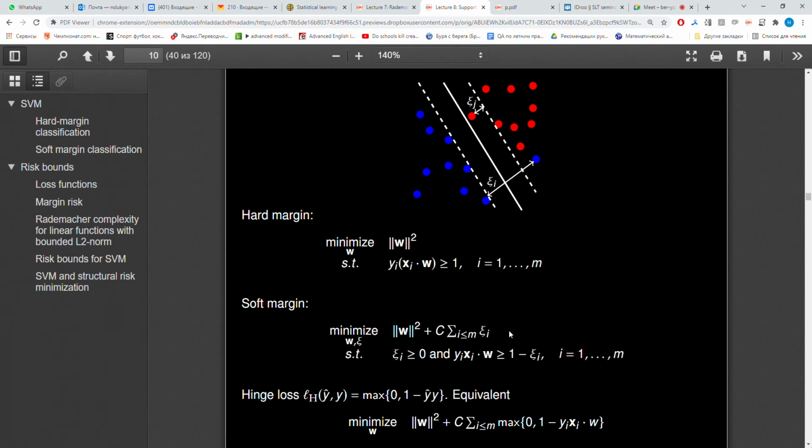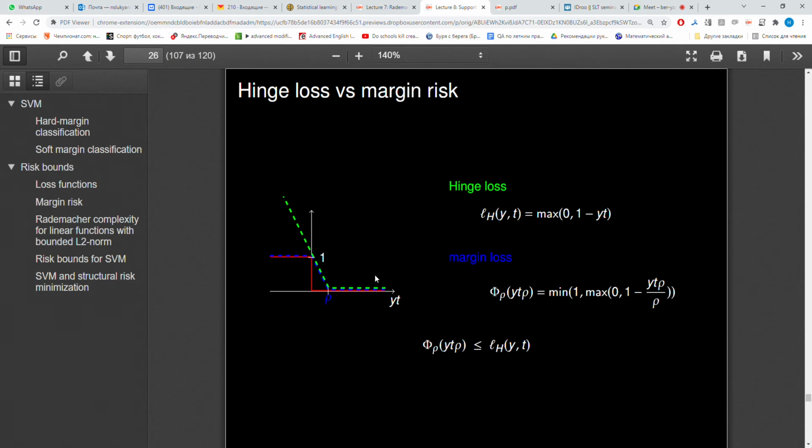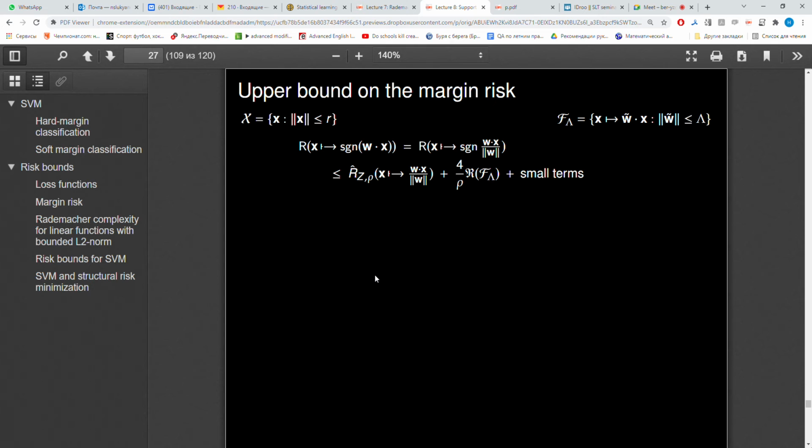Because we wanted to give the possibility to build a hyperplane which will misclassify some points, and secondly we were afraid of overfitting, because we could find some extremely complicated vector w that won't work with good probability in all possible cases, because it will be overfitted to the specifics of the training sample.